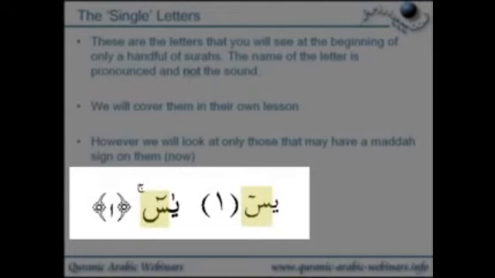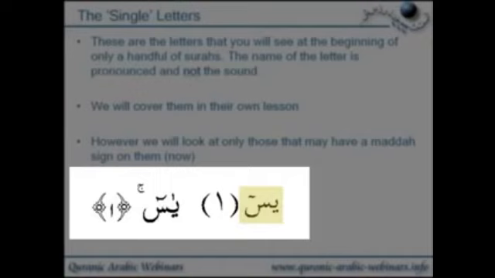And there is no real rule, you just have to know there are certain letters which are always 6 long and they will always carry the madda sign. The other ones will be 2 long, and sometimes they don't carry any sign at all, and sometimes they'll carry the dagger alif. So the first example here of Yasin is the Ya with no sign on it at all, i.e. no vowel sound, so we know it will be 2 long.